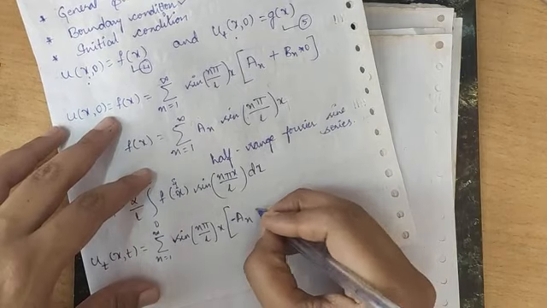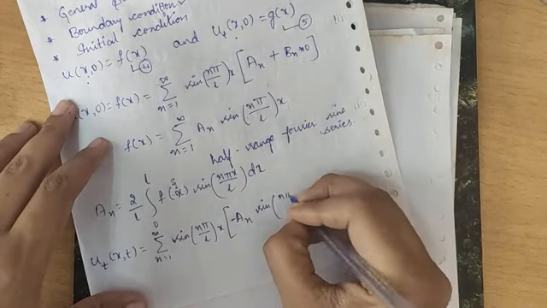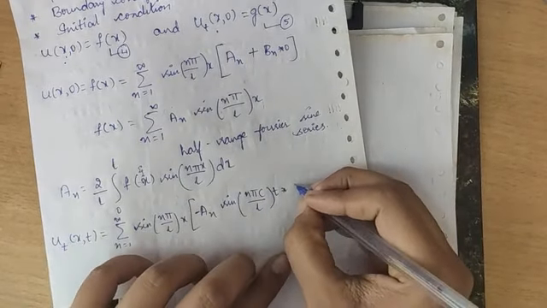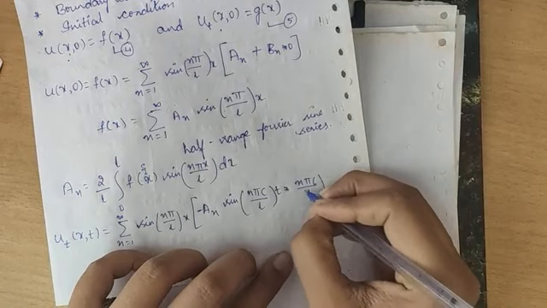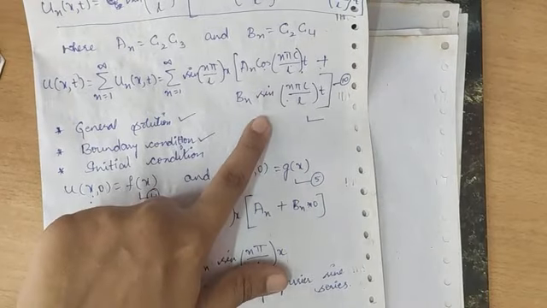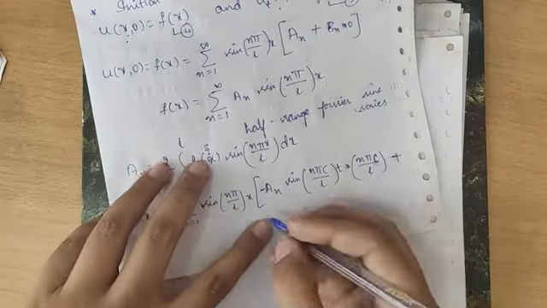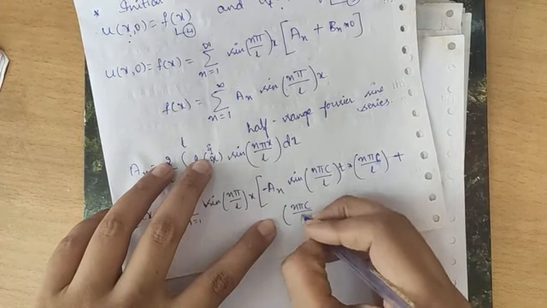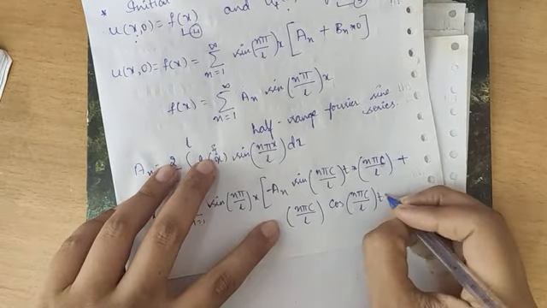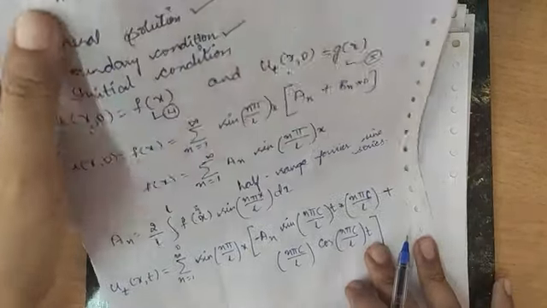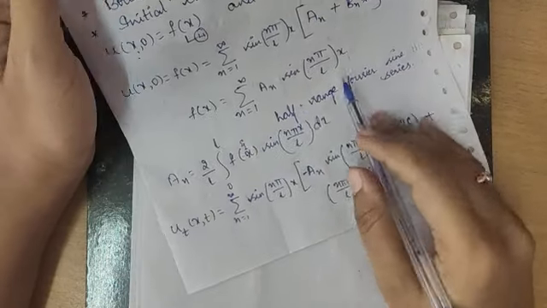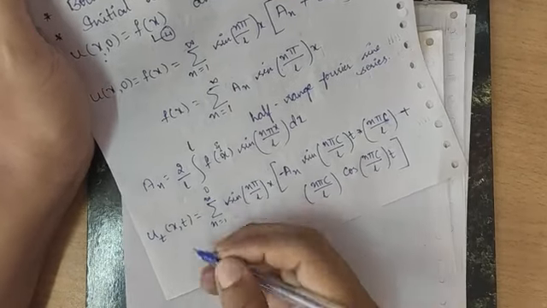You will get minus sine of n pi c by L into t into n pi c by L. If you differentiate sine n pi c by L into t, you will get n pi c by L into cos of n pi c by L into t. Okay, this is of the form cos ax, sin ax.